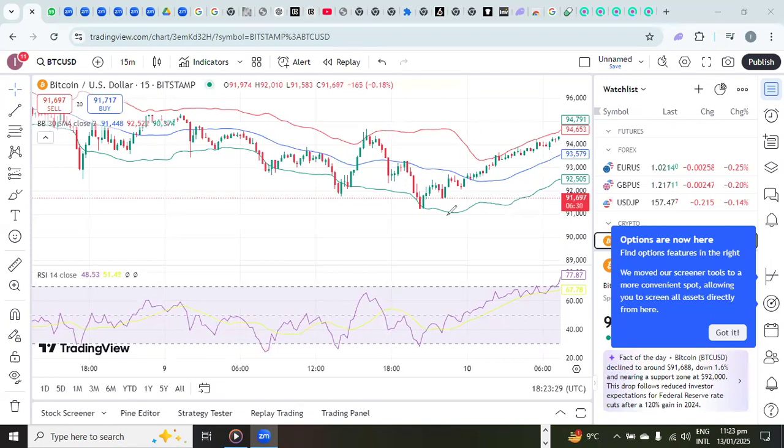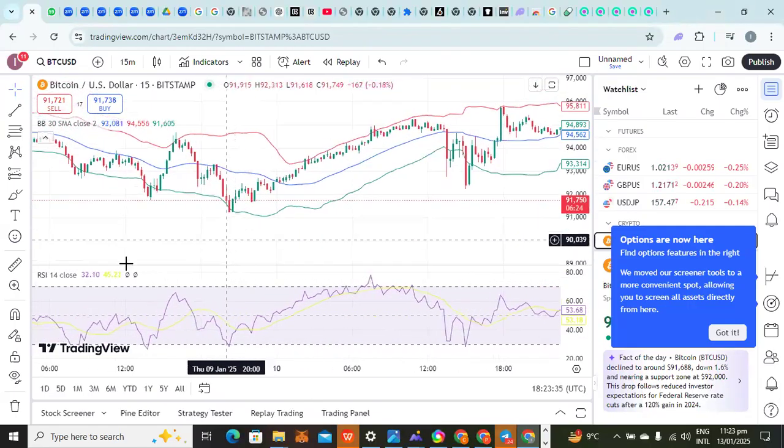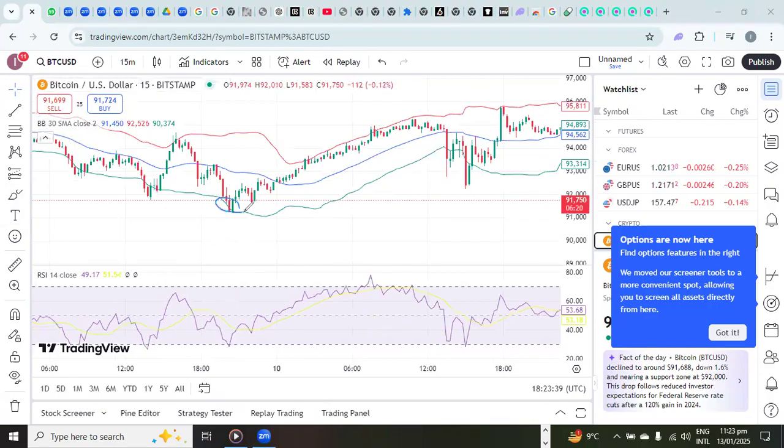And as you can see, the graph crossed the lower Bollinger Band right here. Let me just position it really good. So as you can see, the graph has crossed the lower Bollinger Band over here, and simultaneously the graph is also cutting the lower limit of RSI. That means it's oversold.